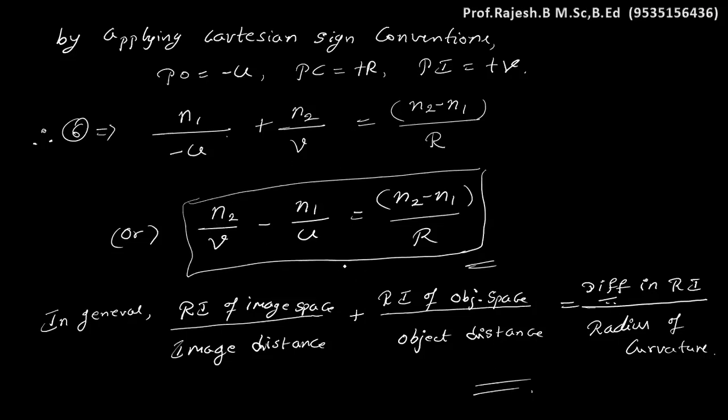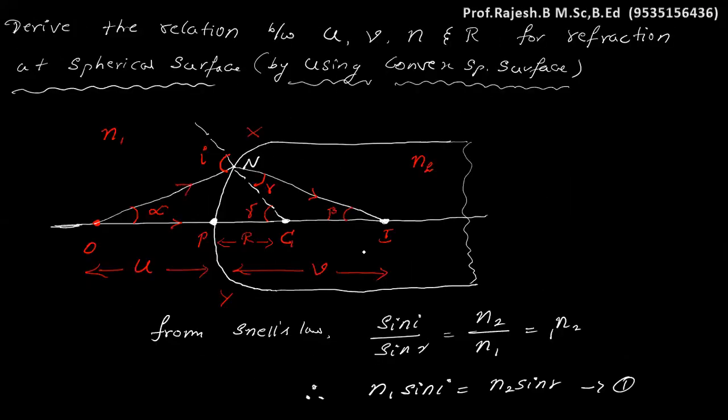I'll revise it once again. See, we are proving the relationship between U, V and R by using the convex spherical surface. This is the convex spherical surface. We get the object in front of the curved surface, and after refraction, we are getting the image here.